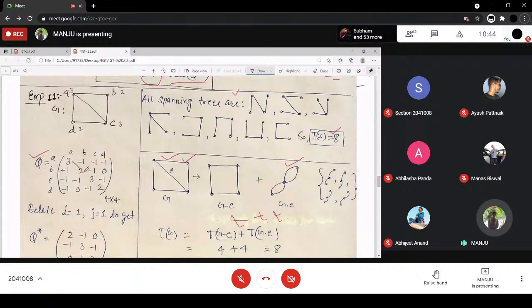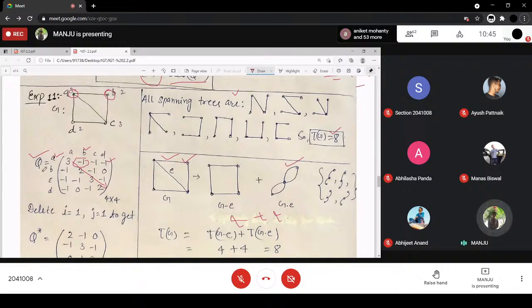At the diagonal entries these will be your degrees, and the non-diagonal entries will be minus the number of edges between the ith and jth vertex. For example, this minus 1 is the number of edges between A and B. So how many edges? 1, and minus of that. Similarly for C, there is 1 edge, minus 1, and D also there is 1 edge, again minus 1.